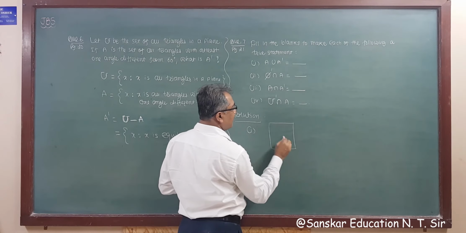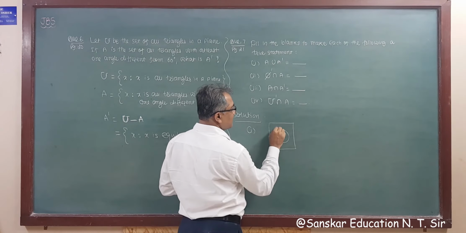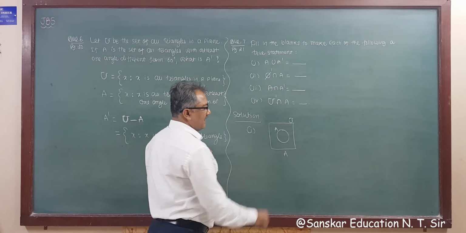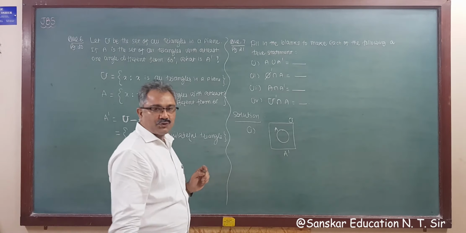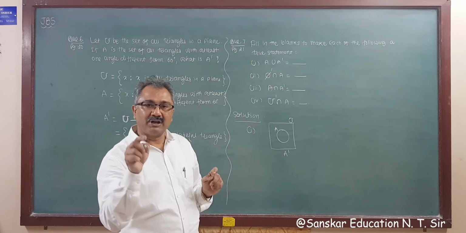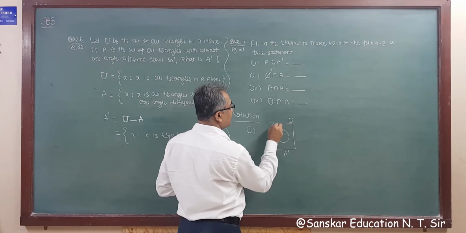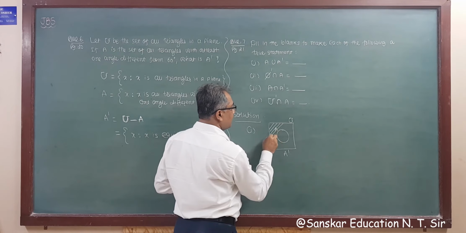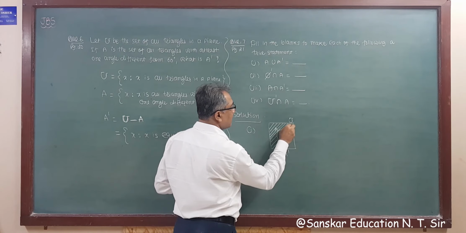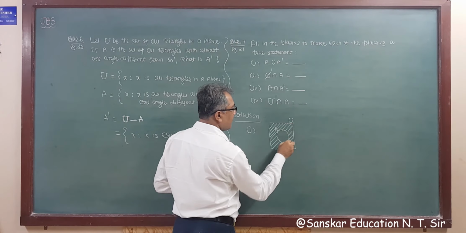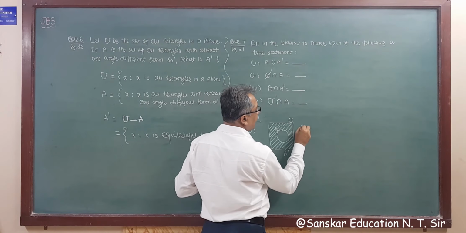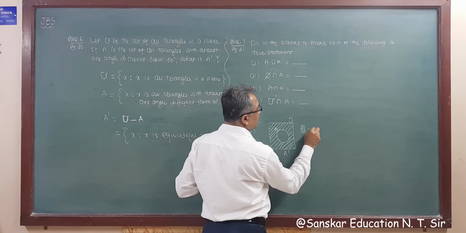I'm drawing a Venn diagram for A'. Suppose this is set A, this is the universal set U, and this is A', right? So A' means the set of all points which are in U but not in A. So this green line is A'.